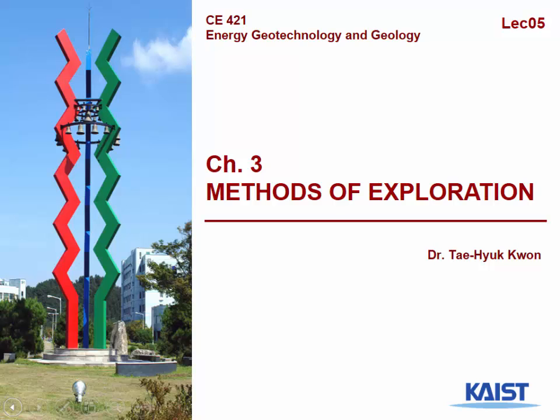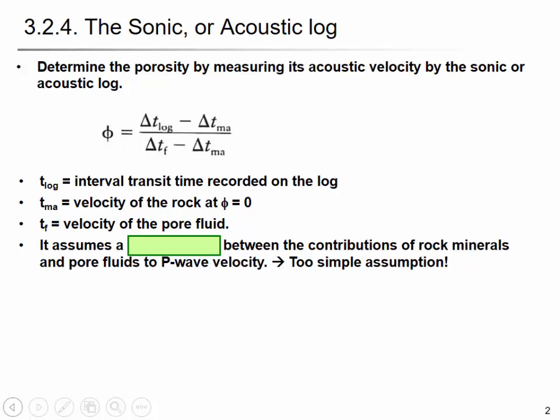Along with those five methods, we'll talk about the seismic, the sonic acoustic log, and the dielectric log, and two more there, NMR. Okay, the sonic and acoustic log is very simple. You just measure the wave velocity between two sensors. You have one source, and maybe two receivers or one receiver, and you excite it.